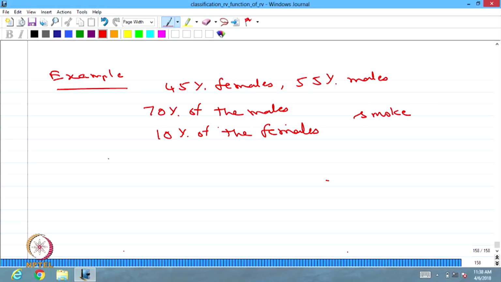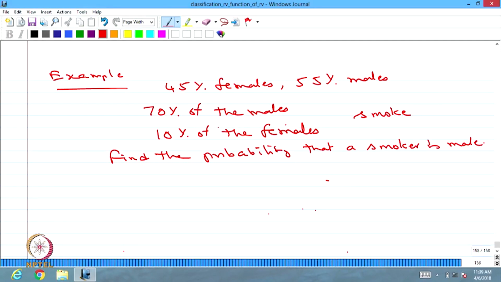The question is, find the probability that a smoker is male.